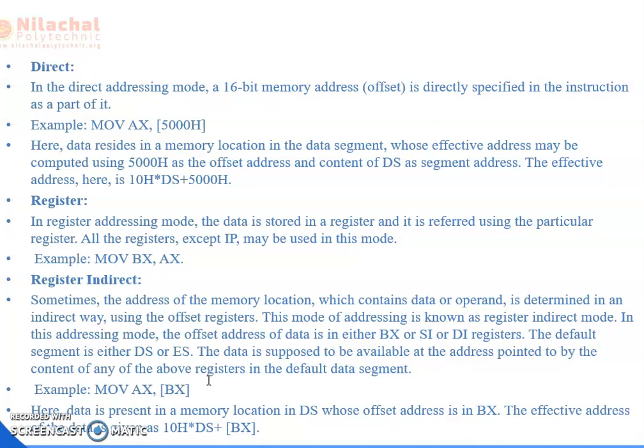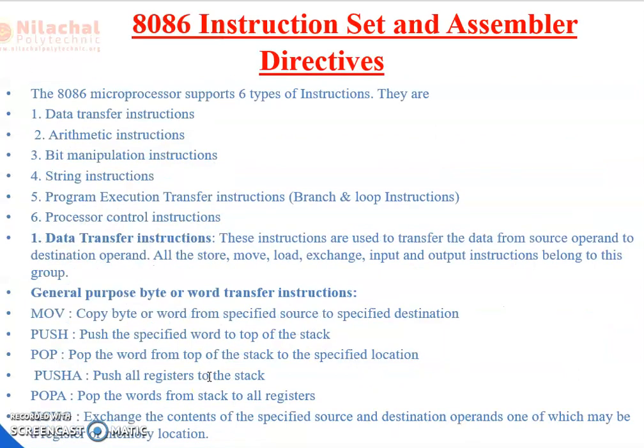The default segment is either DS or ES, that is data segment or extra segment. The data is supposed to be available at the address pointed to by the content of any of the above registers in the default data segment. For example, MOV AX, [BX], where the data is present in a memory location in DS whose offset address is in BX. The effective address of the data is given as 10H times DS plus BX.